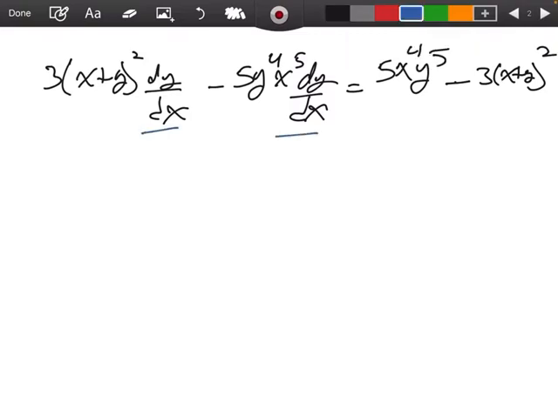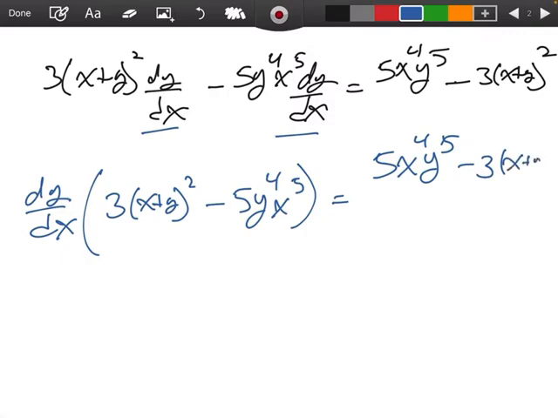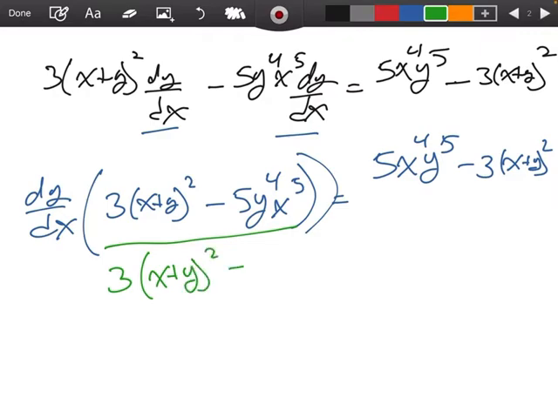Next step, y'all. Let's factor out the dy/dx. So we have [3(x + y)^2 minus 5y^4 x^5] dy/dx equals 5x^4 y^5 minus 3(x + y)^2. All right, last step, let's get rid of this guy by dividing it.